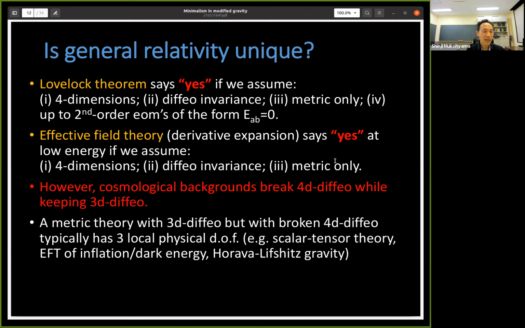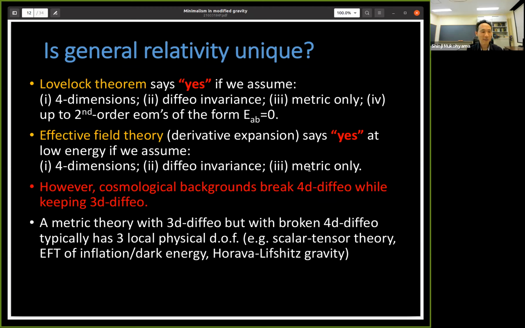So if we assume these 3, of course we want to construct the action, which is the integral of some scalar multiplied by the 4-dimensional volume. And the scalar can be made of the metric and its derivatives. Without derivatives, the scalar is just a constant, which corresponds to the cosmological constant.